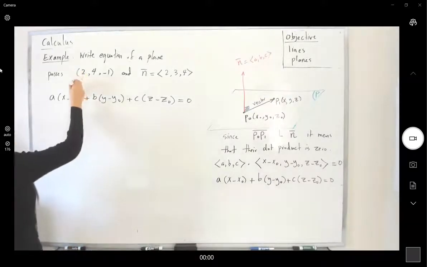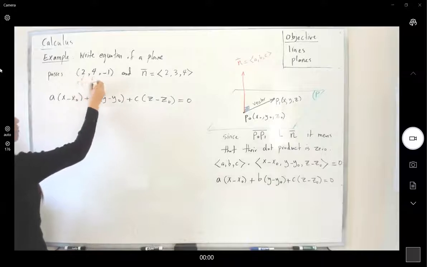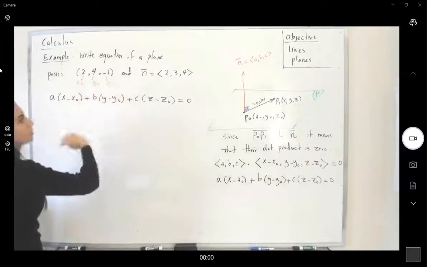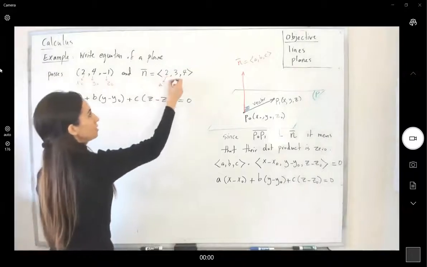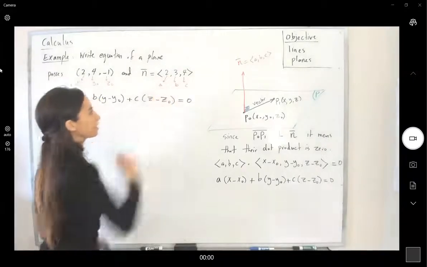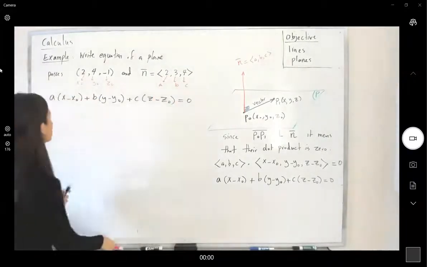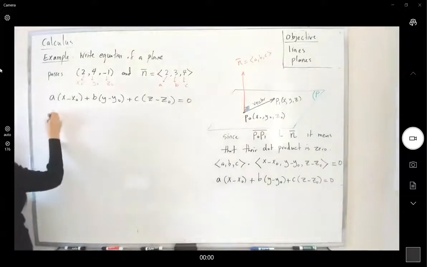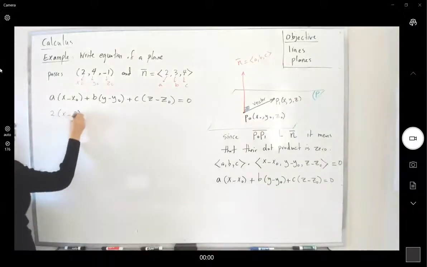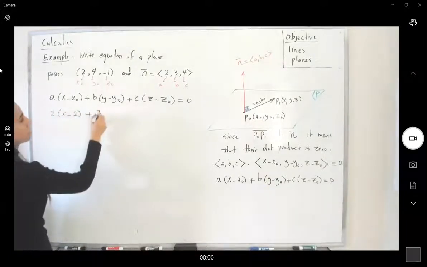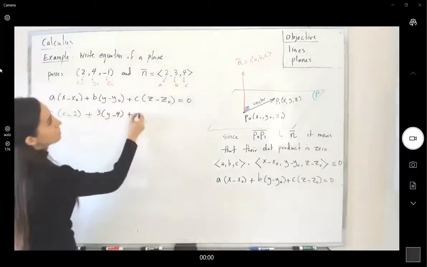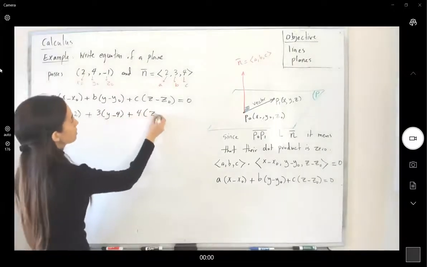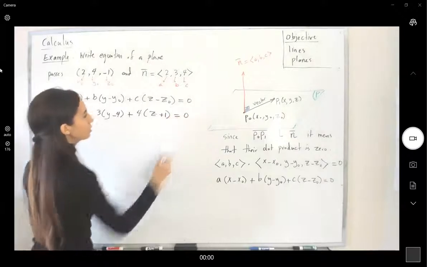This is our point, x sub 0, y sub 0, z sub 0. This is our normal vector, A, B, and C. Well, we have 2 times x minus 2 plus 3 times y minus 4 plus 4 times z plus 1 equal to 0.